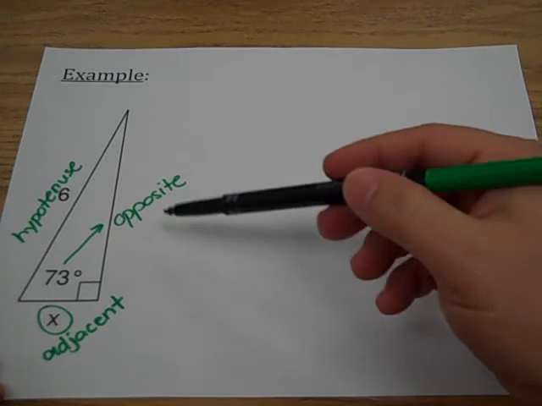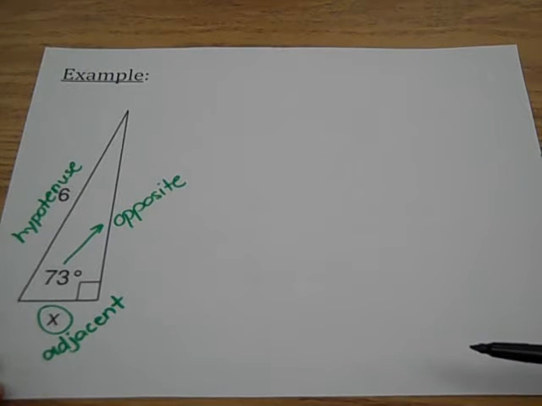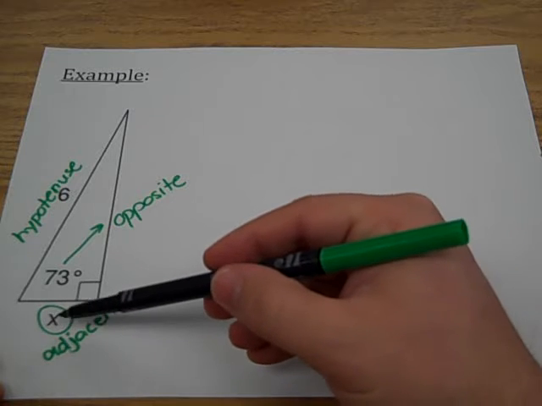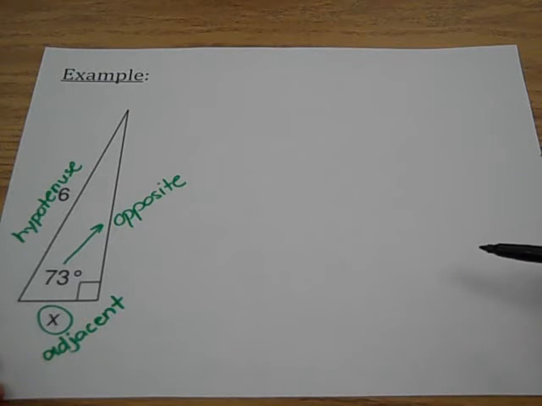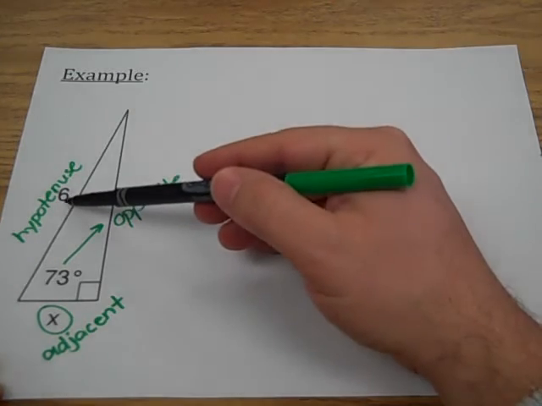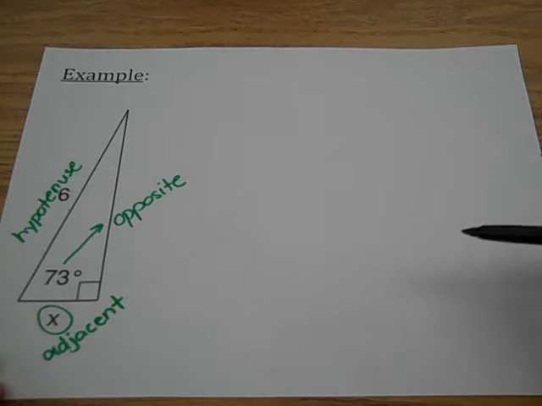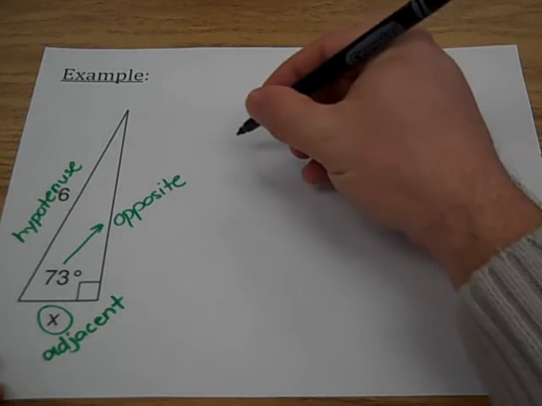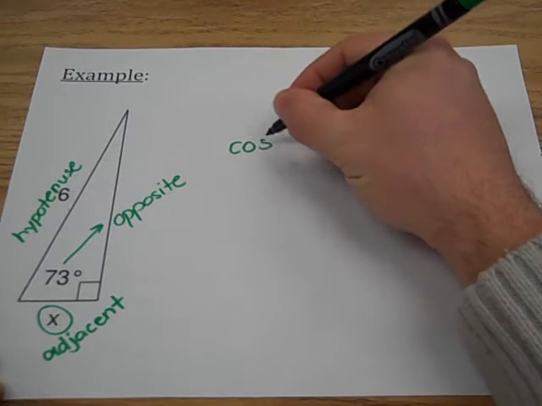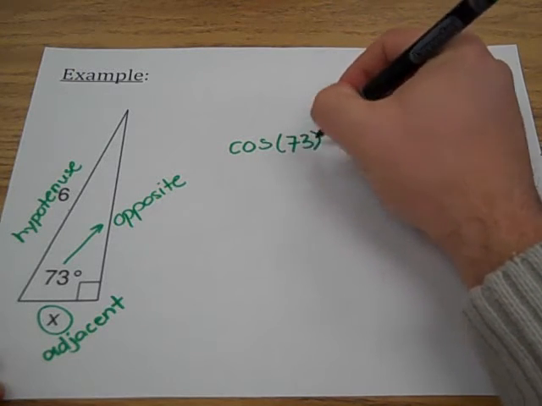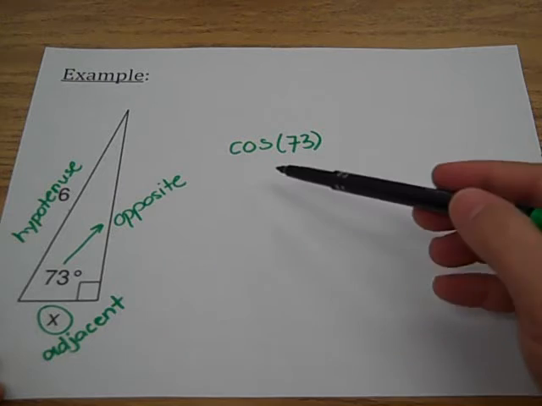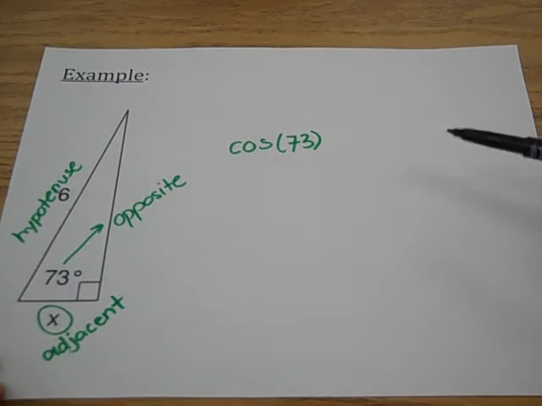Now I look at my triangle and at how I just labeled the sides. The side labeled x is my adjacent side. The side labeled 6 is my hypotenuse. Back from last lesson, the trig ratio that had the adjacent side and the hypotenuse in it was cosine. So I'm going to say the cosine of 73, that's the angle. We know the angle, so we're going to use it.